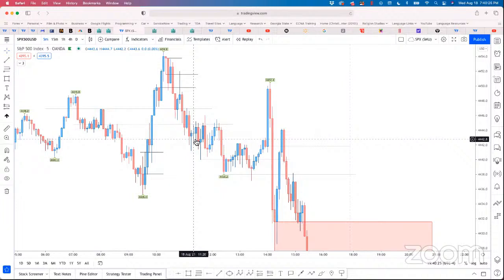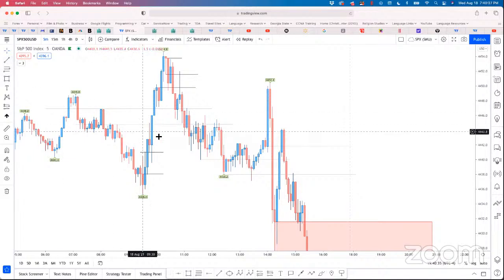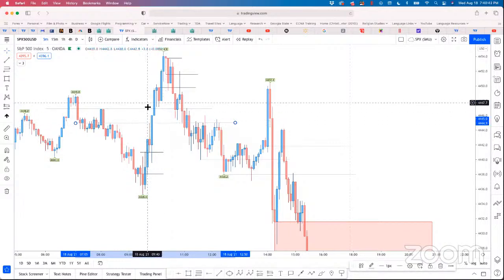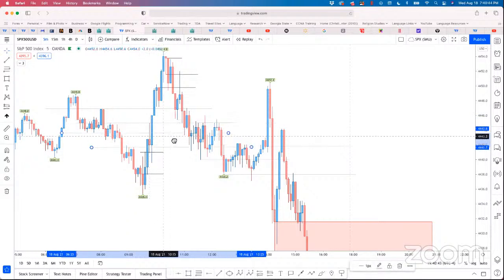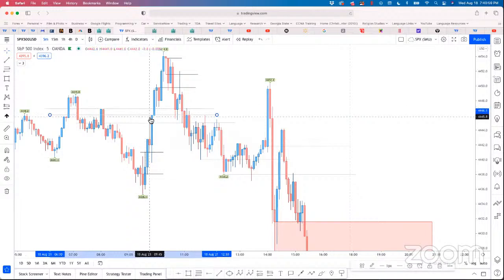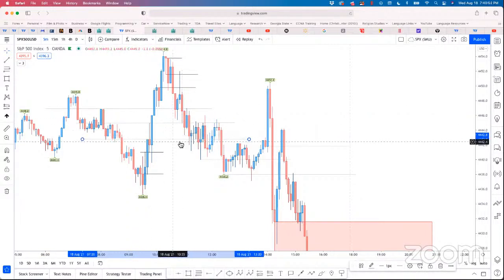This is a good example of what it looks like to fail a rebalance right here, between the high of this candle and the body of this candle. It failed, and then this candle and this candle.